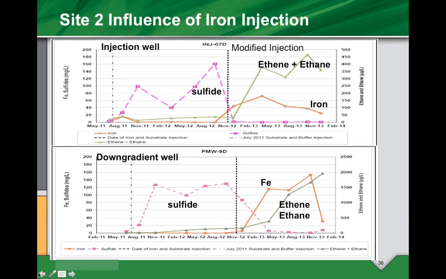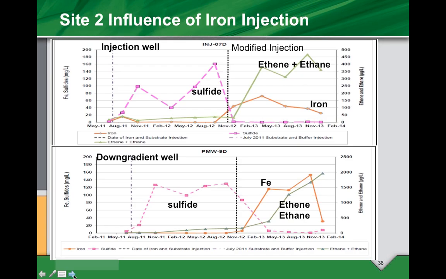The iron injection results were quite interesting. We injected iron, again a soluble and mineral form of iron, into well INJ7D, and that data is shown at the top. The pink line shows the concentration of sulfide in groundwater. You can see the sulfide increased after the initial injection to up to 160 milligrams per liter. We then injected iron into that well as vegetable oil and bioaugmentation culture.